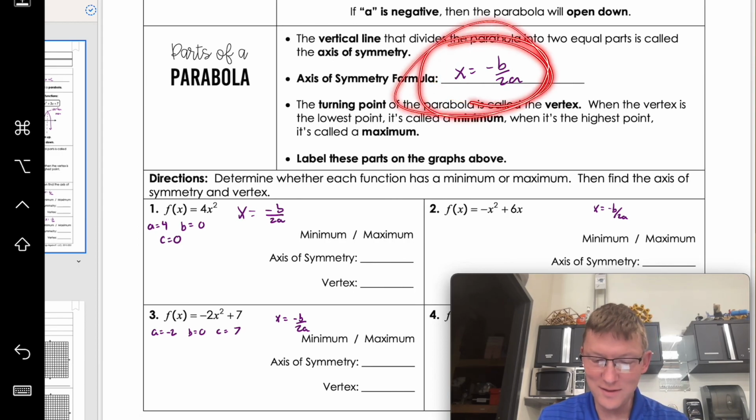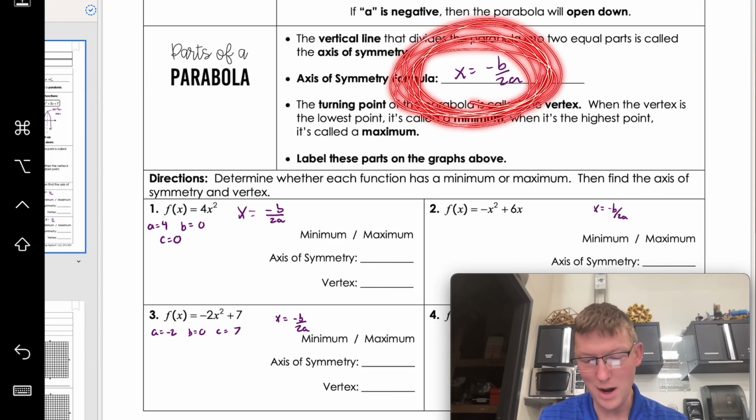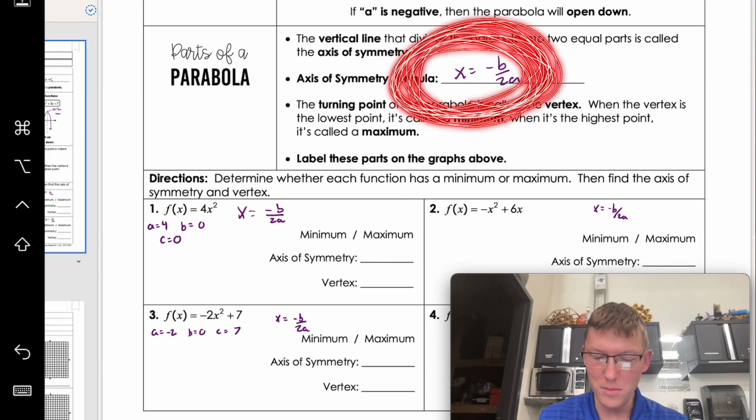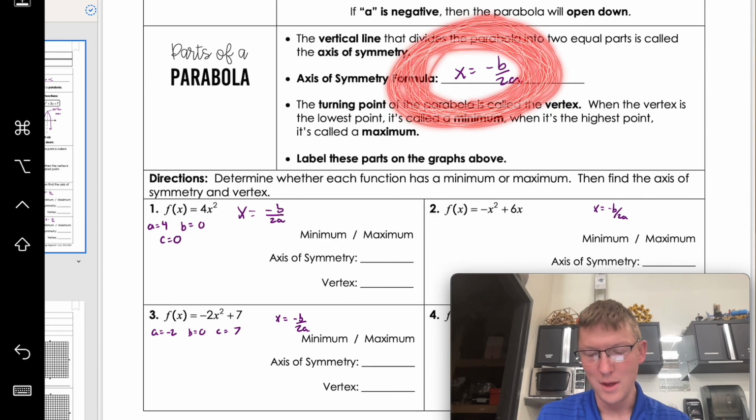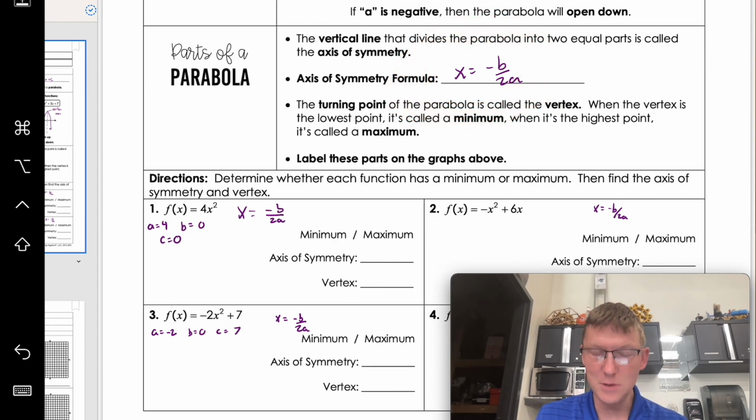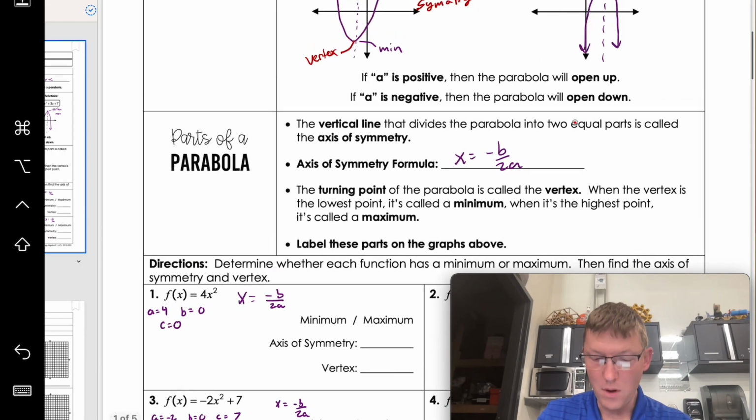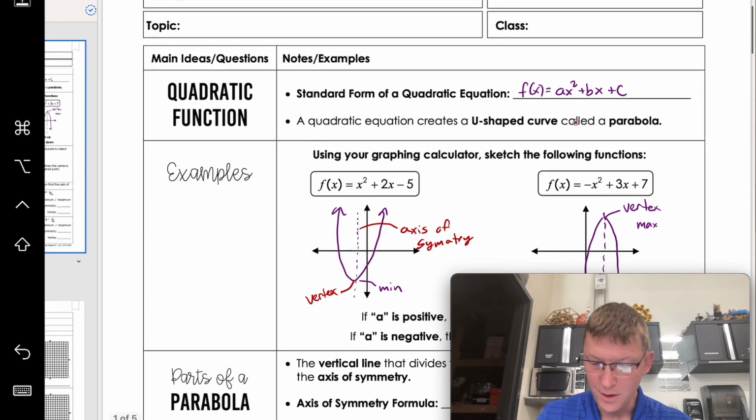Write this down. We are going to use this formula on every single problem that we do. So x equals negative b over 2a. And remember, all of these things are in standard form. Our a is the number that is attached to the x squared, our b is the number attached to the x, and our c is the number by itself.